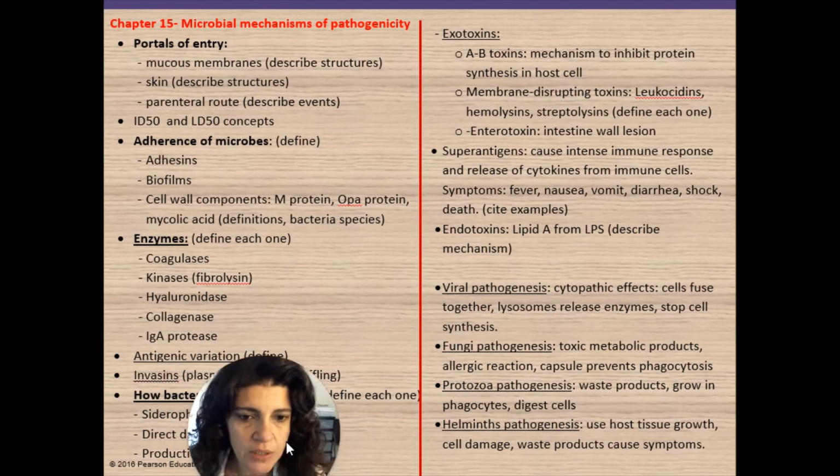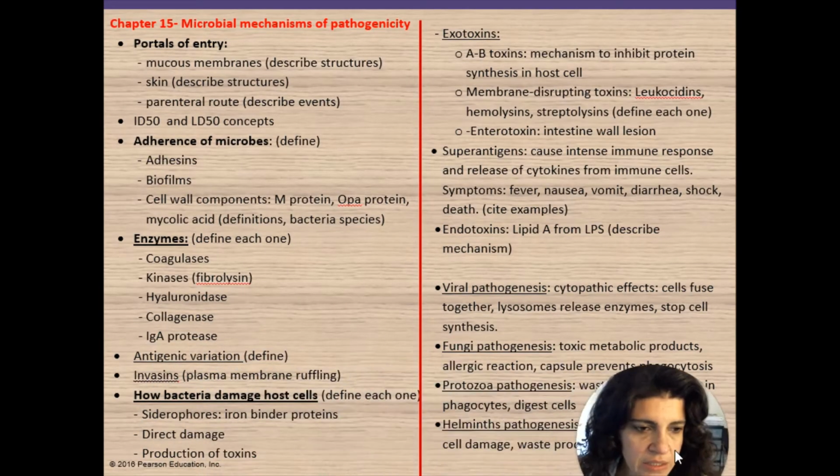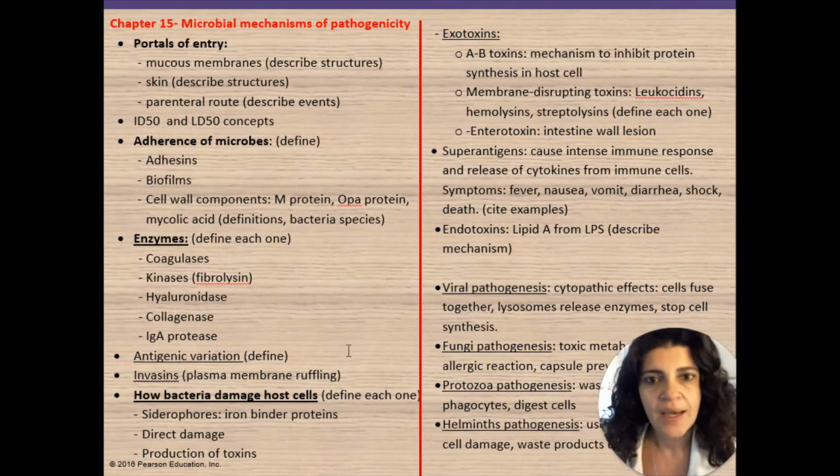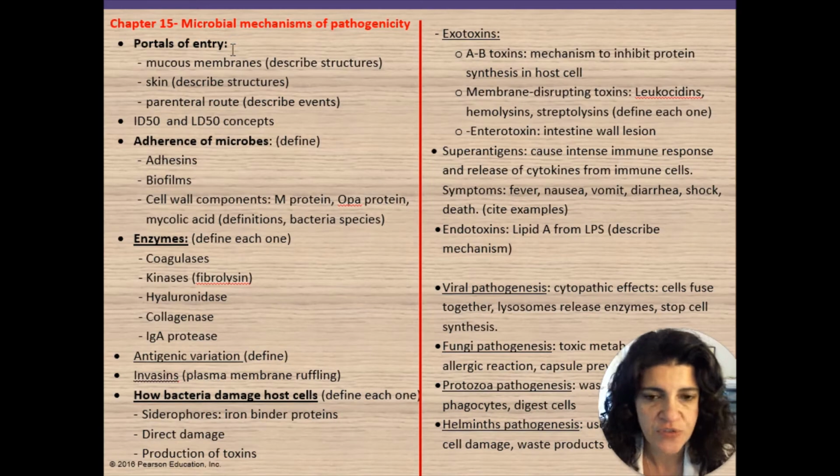So when you look at the learning objectives here, this is what we're going to be talking about in the first video, about this first part, and then in the second video, about the second list here. So now we're talking about portals of entry.